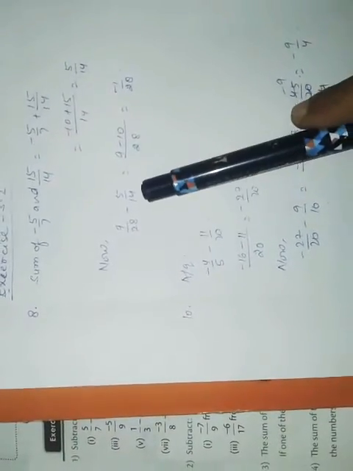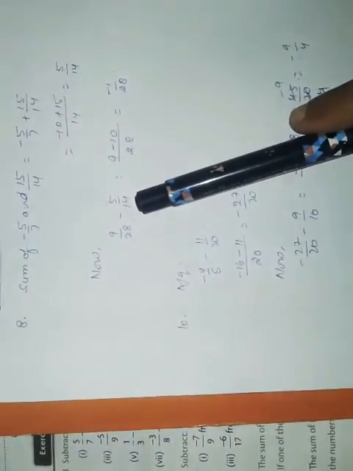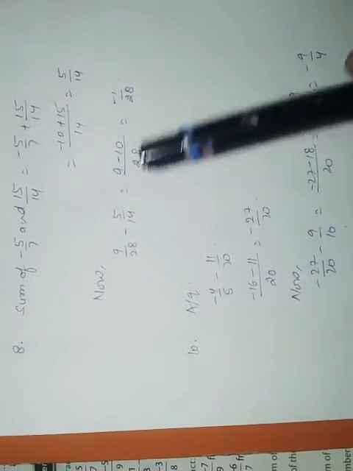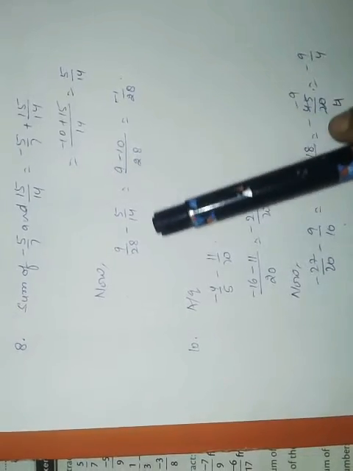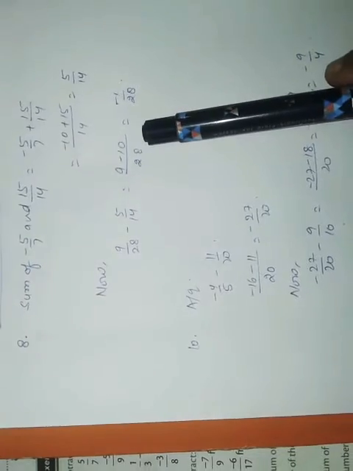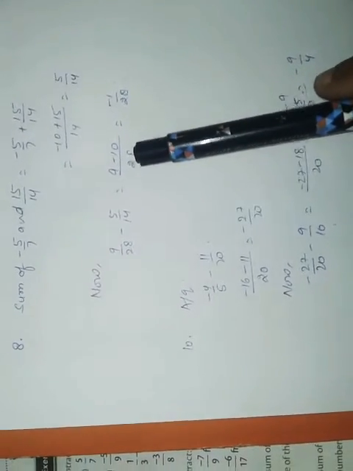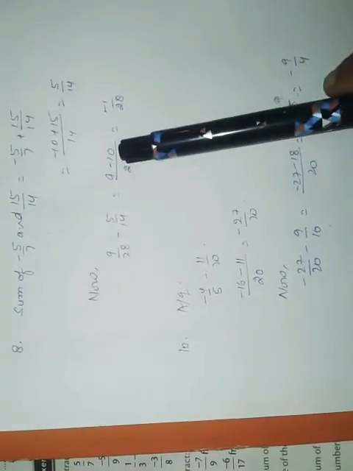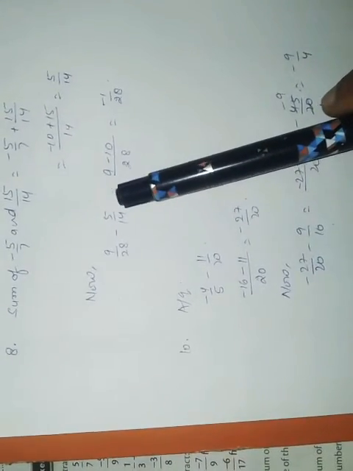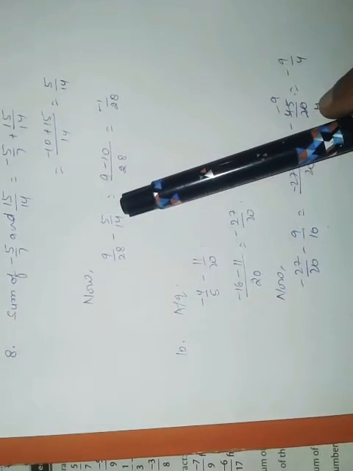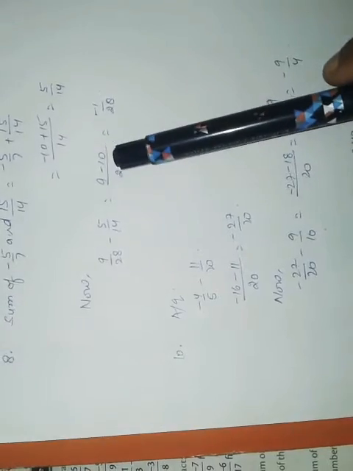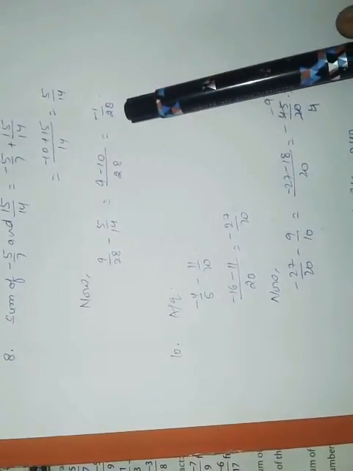Again 28 is a multiple of 14, so we write the LCM of 28 and 14 as 28. 9 we write as it is, that is 9. For 14 we multiply 14 by 2, then we get 28. That's why we multiply 5 by 2, that is 10. 9 minus 10 equals minus 1, that is minus 1 by 28. This is our final answer.